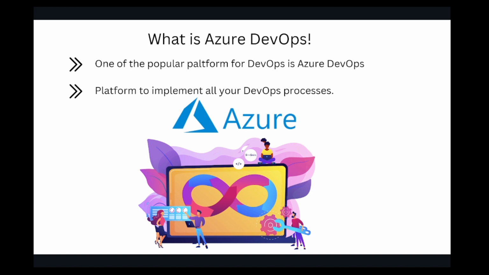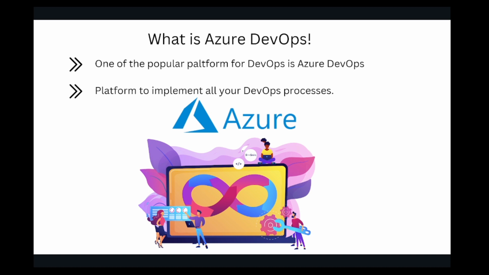That's the beauty of Azure DevOps. It also allows you to integrate different tools that are available nowadays, and it provides benefits like reliability and a dashboard kind of view where you can track your work, whatever planning you have done and how much progress has been made. That you can also track in Azure DevOps.